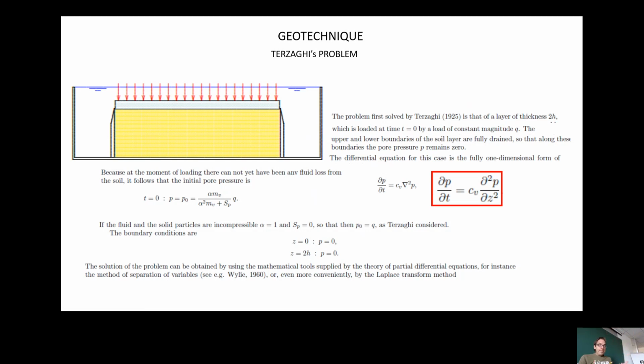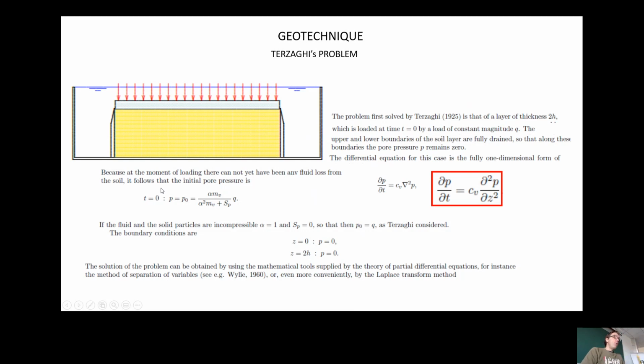So at this point, we can write our differential equation for this case as a fully one-dimensional form of the one that we already saw. And so at this point, we can write this instead of the bigger one.